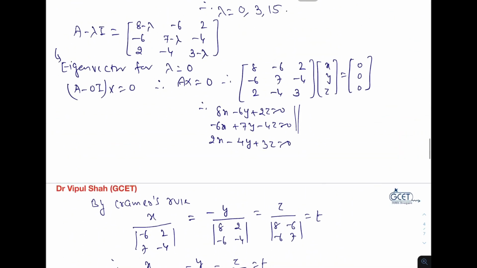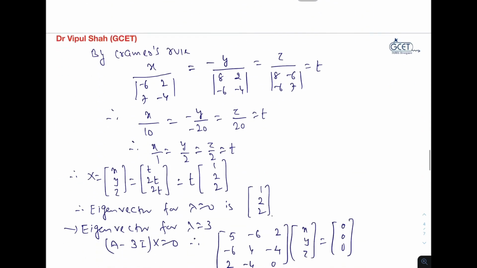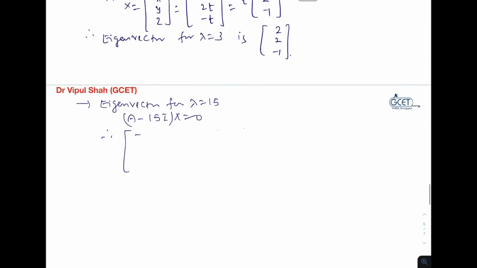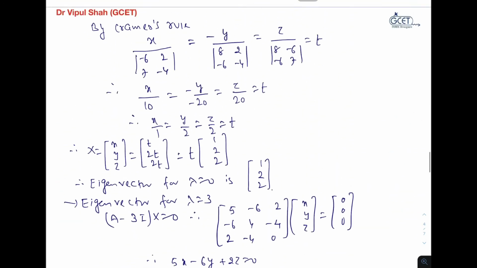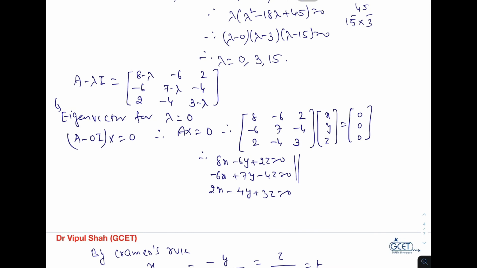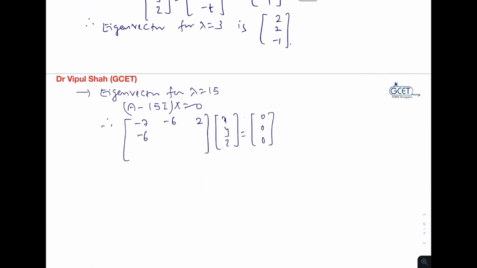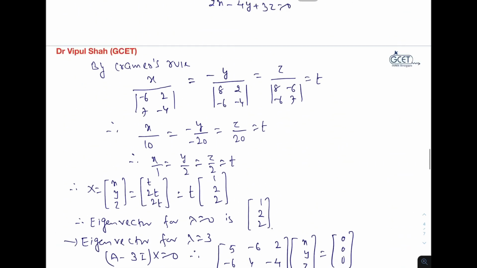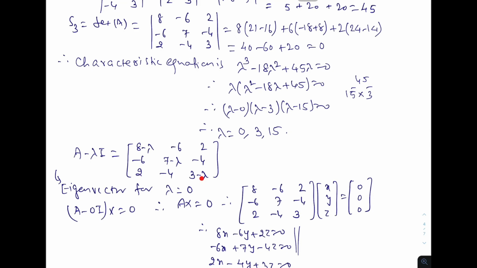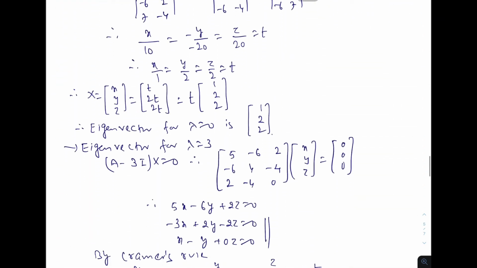So now A minus 15I, so that is 8 minus 15, minus 7, minus 6, 2; then minus 6, then 7 minus 15, so that is minus 8, minus 4; then 2, minus 4, 3 minus 15, so minus 12, so 2, minus 4, minus 12.